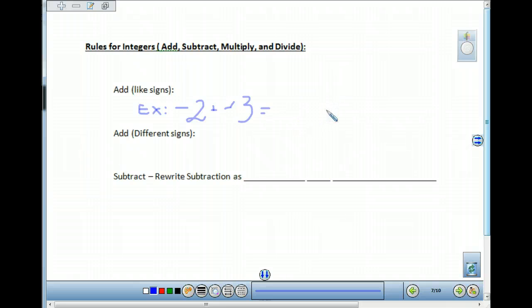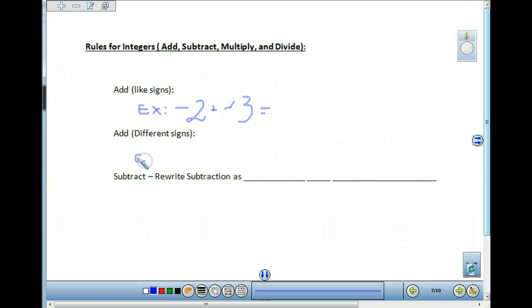Now, I know you definitely know how to add two positive integers that have the like sign, so positive 2 plus positive 3, so you could also do that as an example. Again, adding different signs. Now, you don't have to use my example, but you're going to state the rule first. Where can you look at the rule? You can go to Google, you can go to YouTube, you can put in add integers, different signs, add integer like signs, so you have many options to do that.